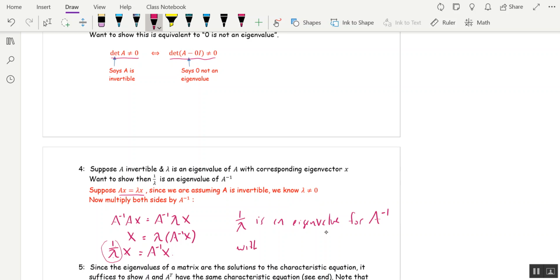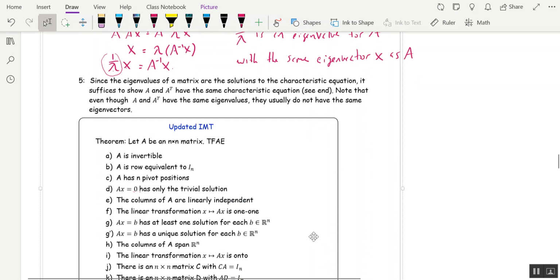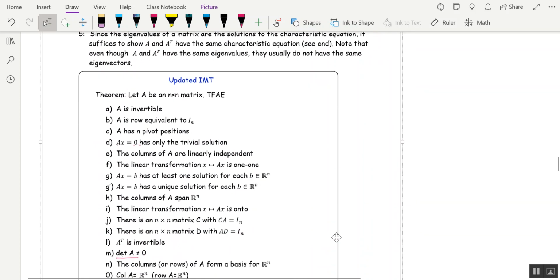And it has the same eigenvector x as A. So it's got the same eigenvector that A has, but the eigenvalue is different. All right, and that is it. The updated IMT, and then we'll talk about finding eigenvalues and eigenvectors more in the next section.